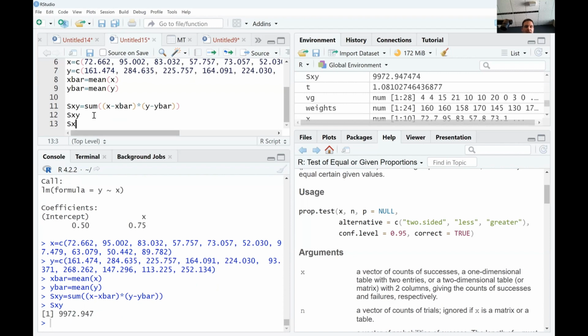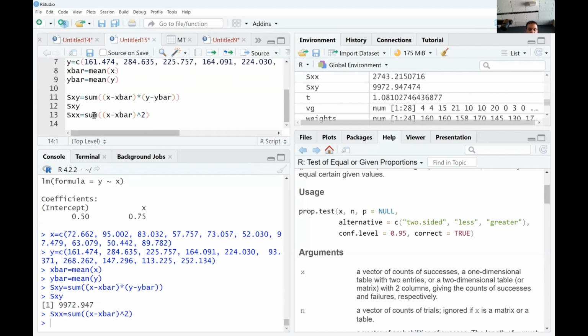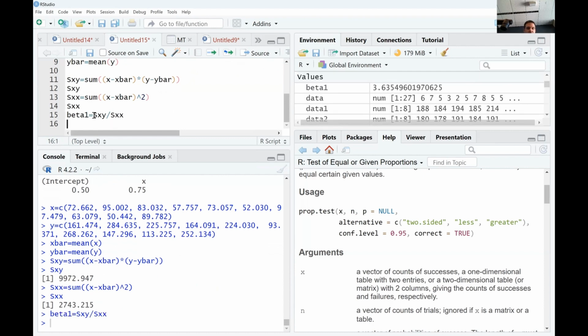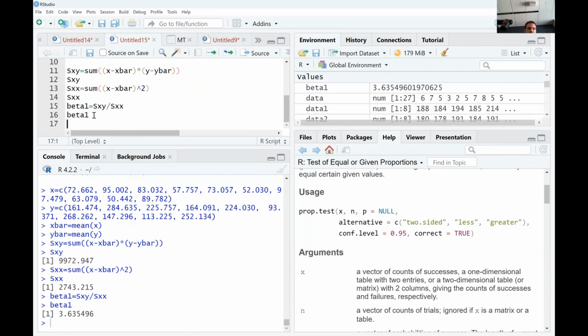And I'll also need S sub xx, which is the sum of the squares of the deviations in the x values. So that's x minus x bar squared. So if I did this right, beta 1 should be S sub xy over S sub xx. So supposedly, beta 1 is 3.635.